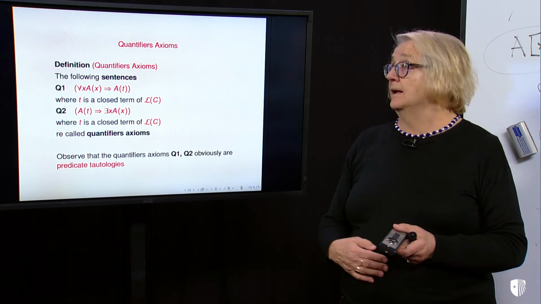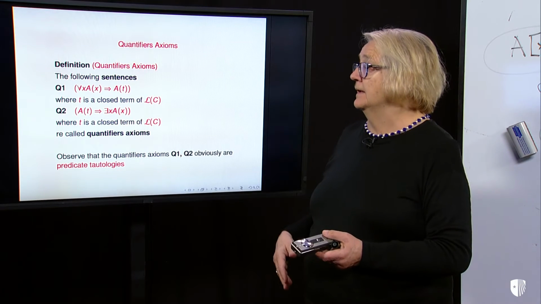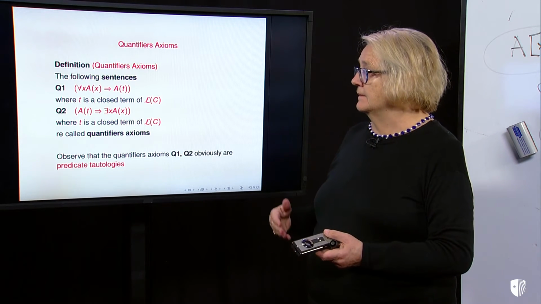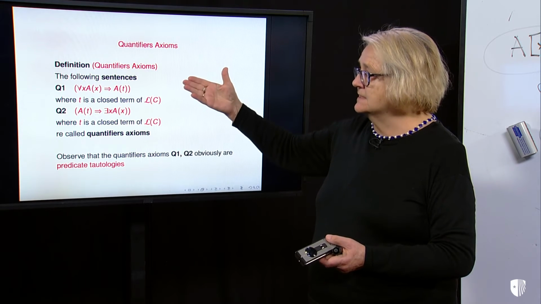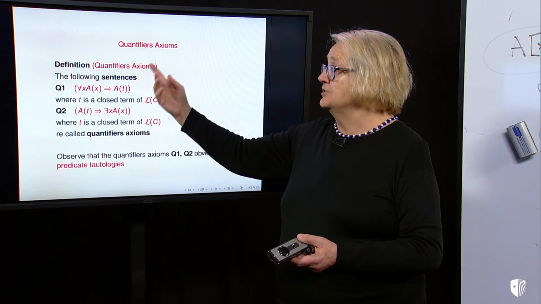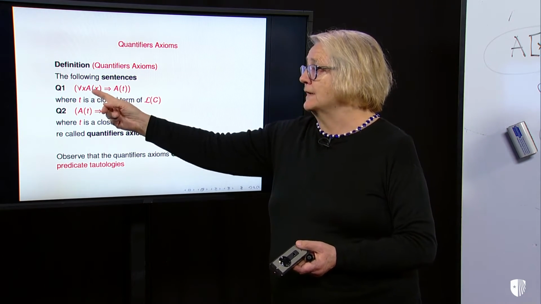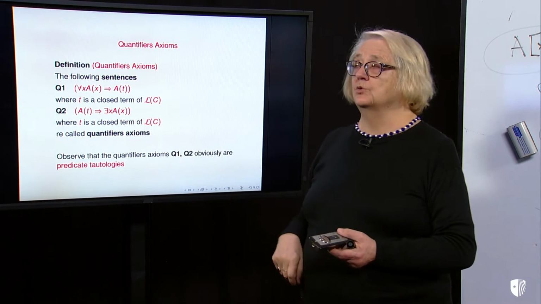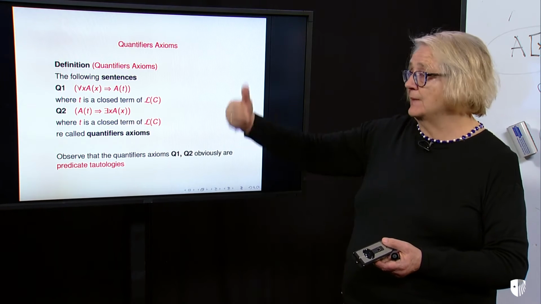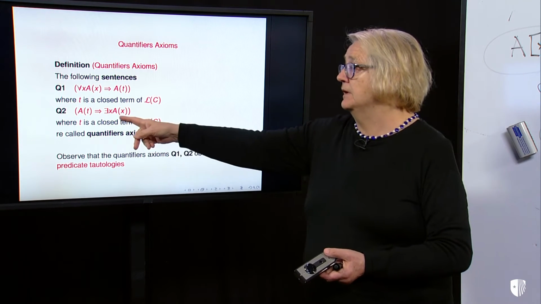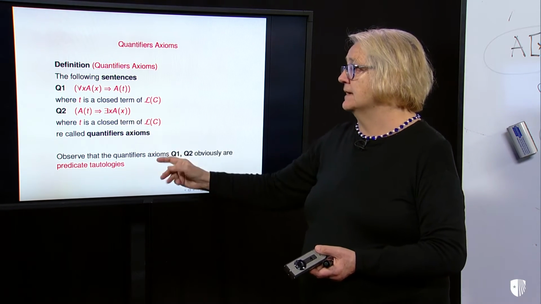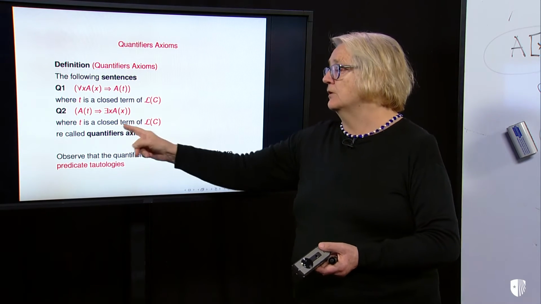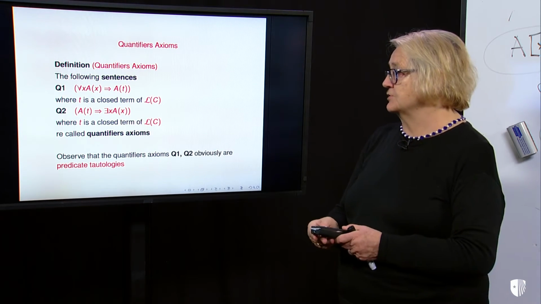And we have another axiom, the quantifier axioms: for all x A(x) implies A(t), where t is a closed term, added to those constants, because each time you add those constants, A(t) implies there is x A(x). So t is a closed term, and these are called quantifier axioms.